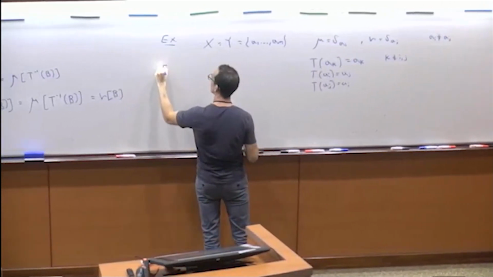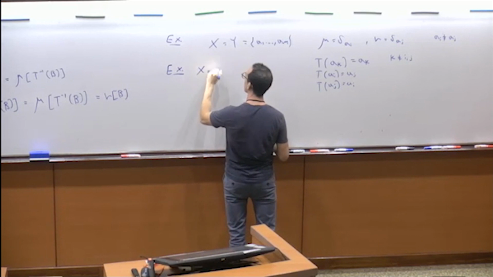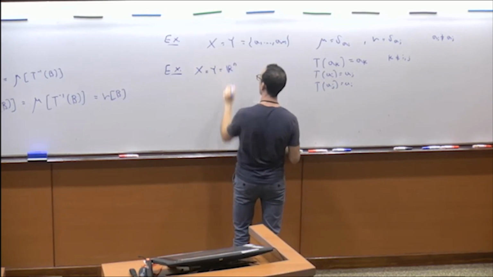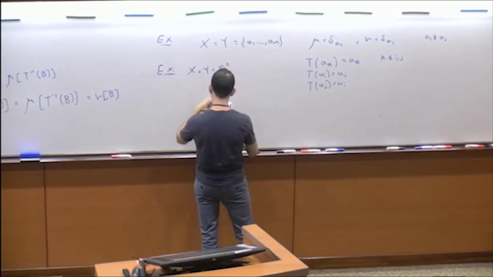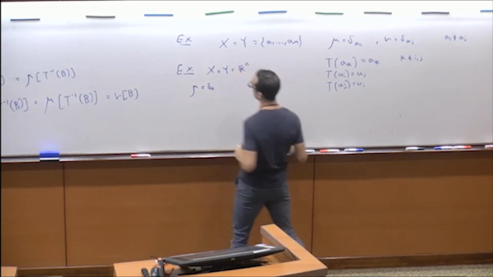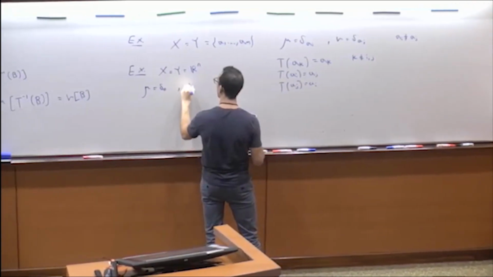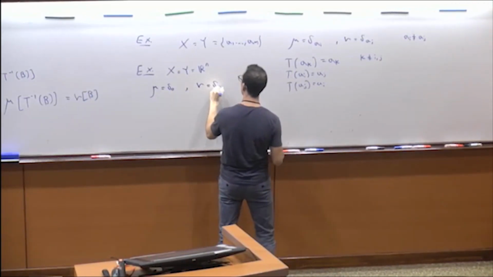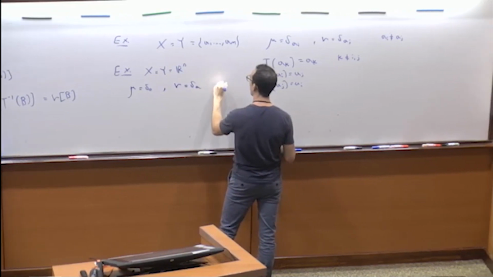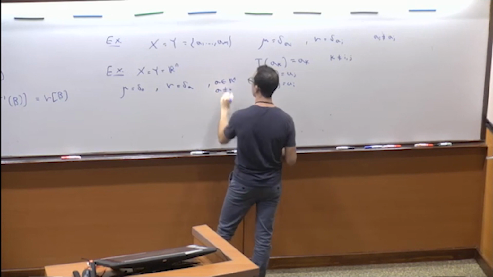Let's do another example. Let's say now we work in Rn. And let's say our measure mu is still deterministic, so just a point mass at the origin. And let's take nu also to be deterministic, but it's going to be at some other point, which is in Rn, but not the origin.